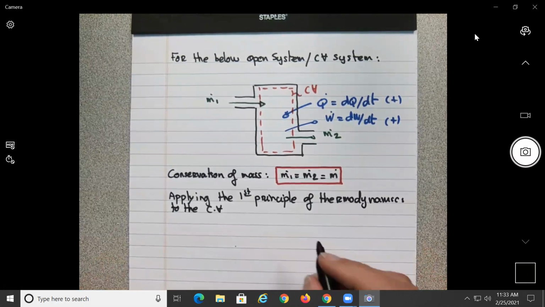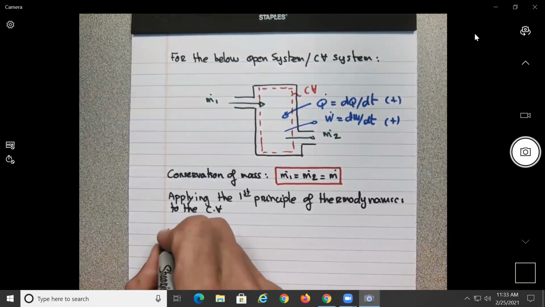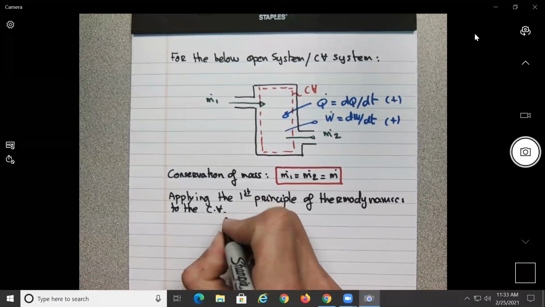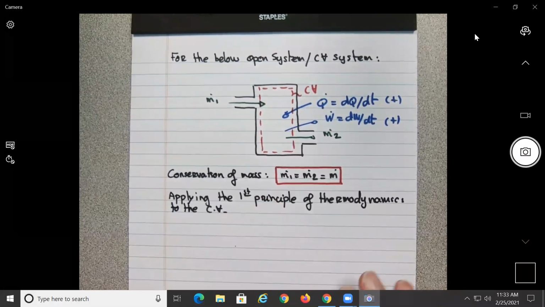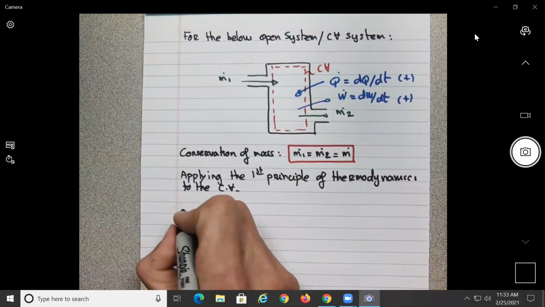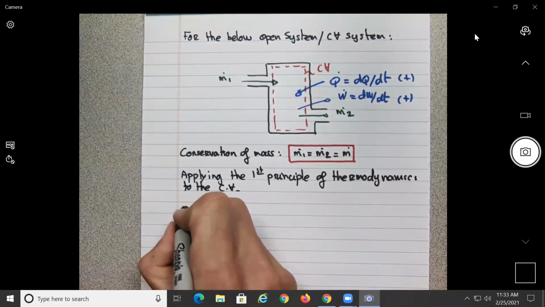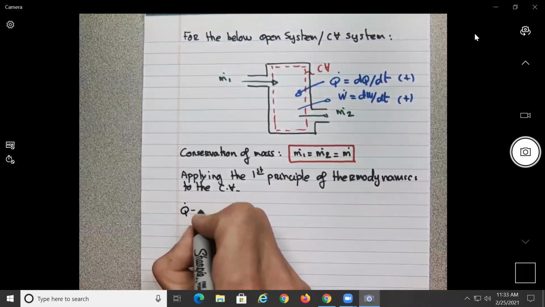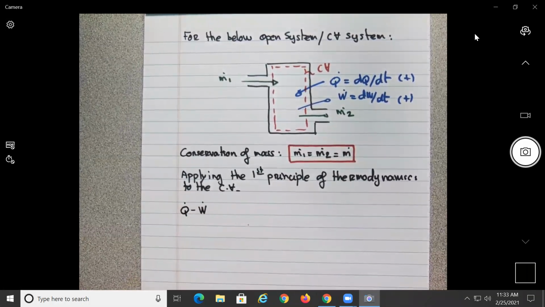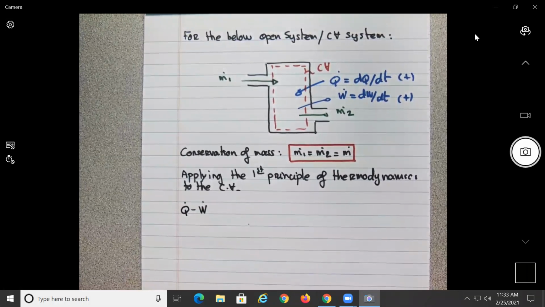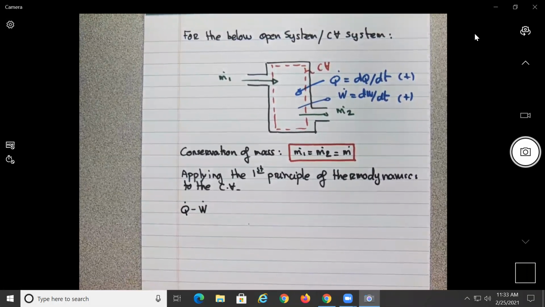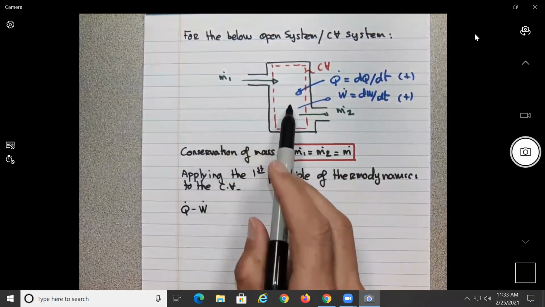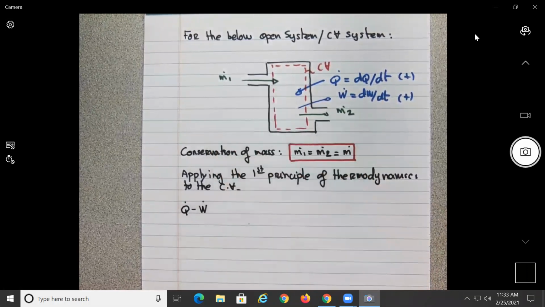Okay, so the equation will become what? So we have Q dot minus work dot. This takes everything that comes from the figure. But now you have flow that is going inside the system, no?